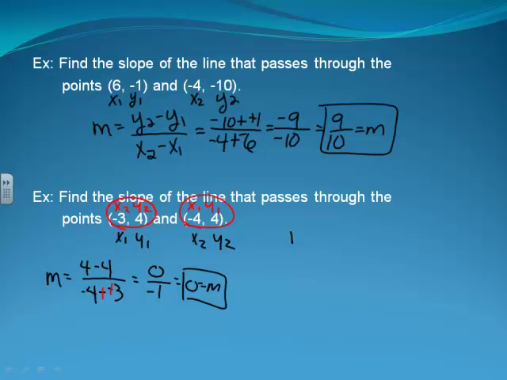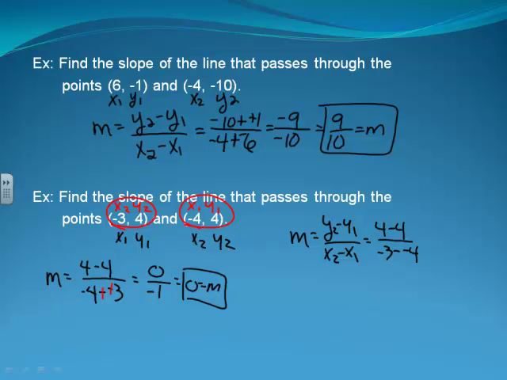Let's try it. Now our slope again is y2 minus y1 over x2 minus x1. Put your values in that I now have labeled in red because I flip-flopped my designation. Now y2 minus y1 is 4 minus 4. x2 minus x1 is negative 3 minus negative 4.